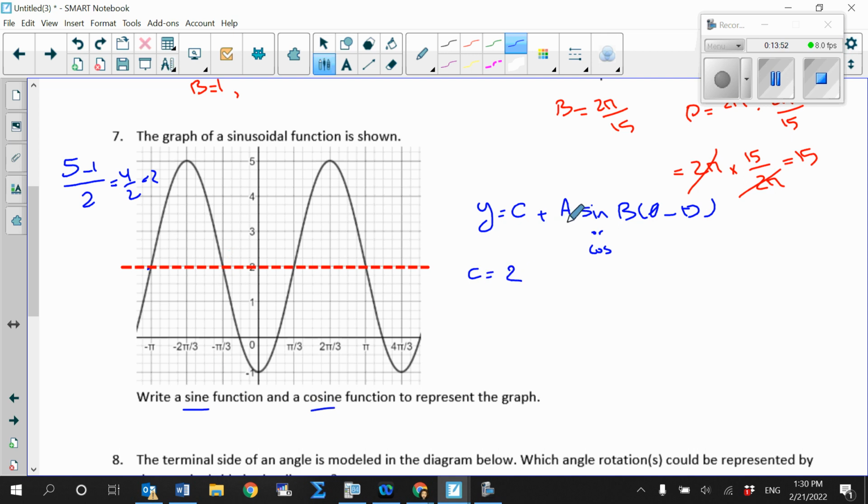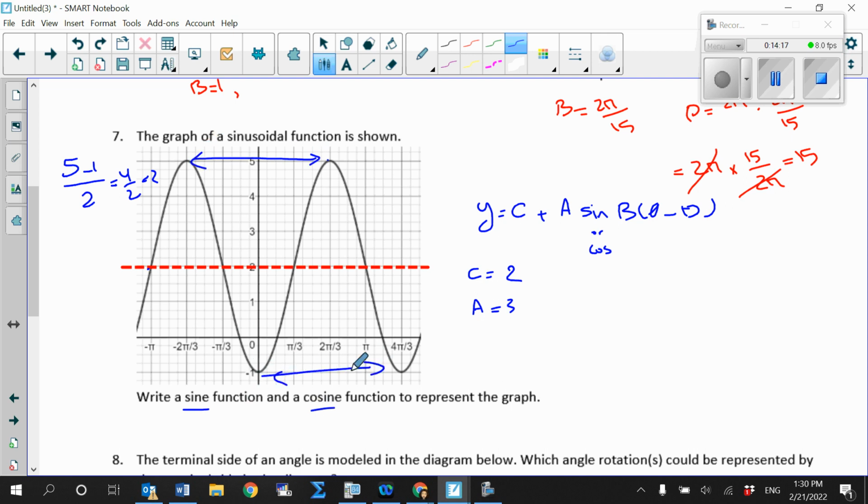a is the amplitude of the function, the distance between the highest point and the middle point, or sinusoidal axis, which is 3 in this case. So a is 3. b value. To find the b value, first we need to know the period of this function. You can find it by finding the distance between 2 high points or 2 low points.